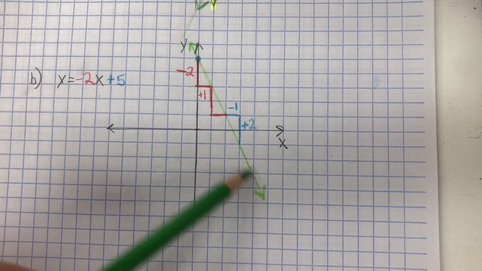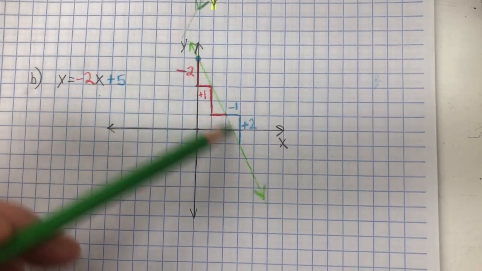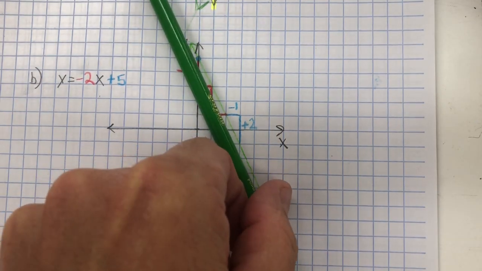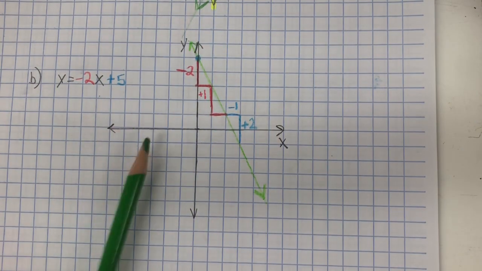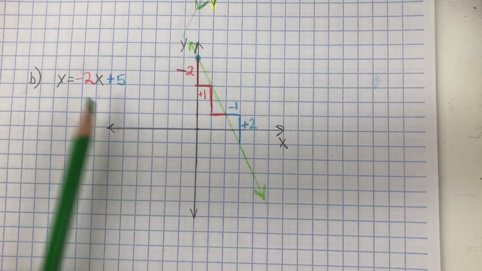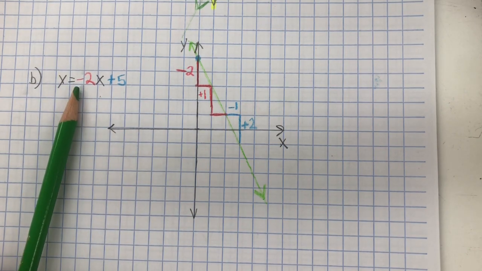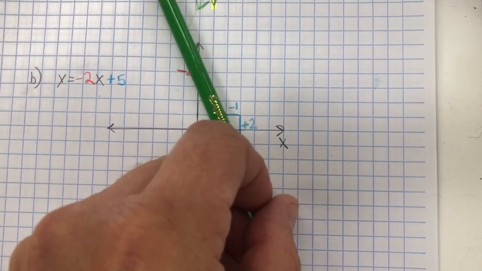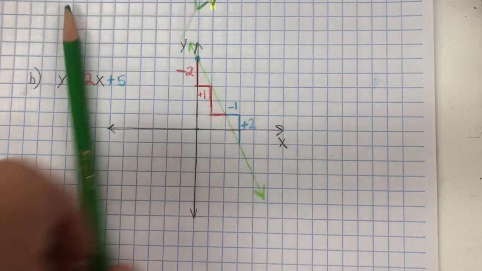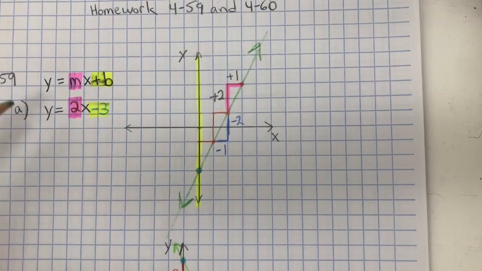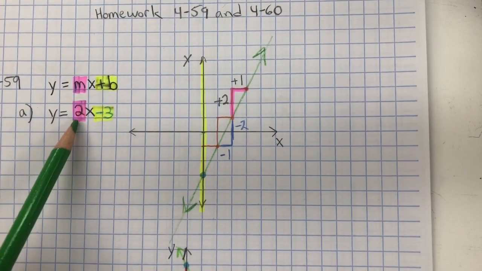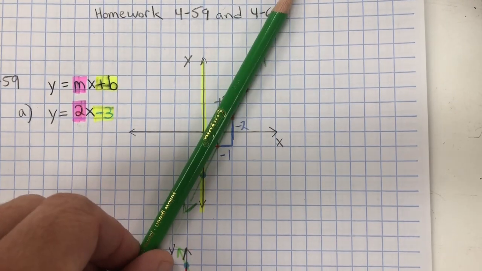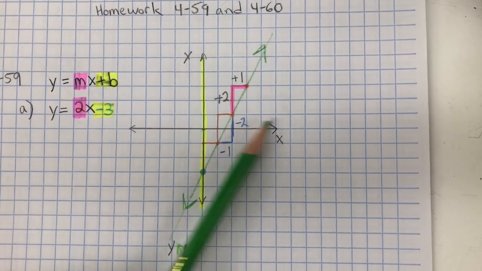And you see that this line is sloping to the left towards the negative x values. That negative is telling you that the rate of change is going to be negative. But in problem A, you have a +2, and you can see that it's sloping towards the positive x's.